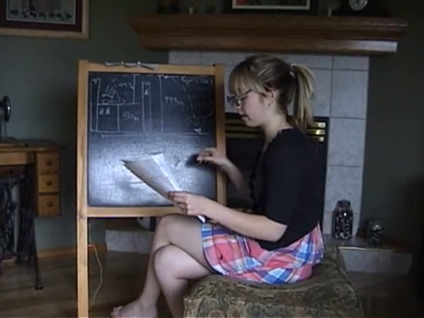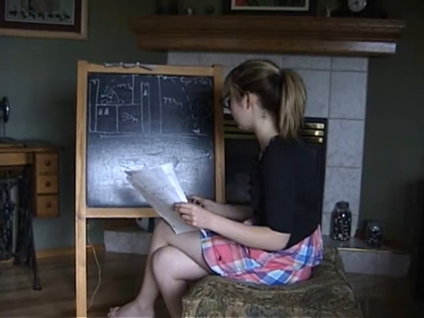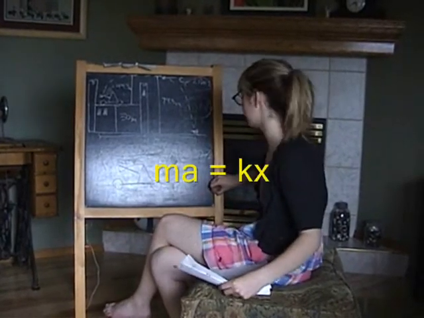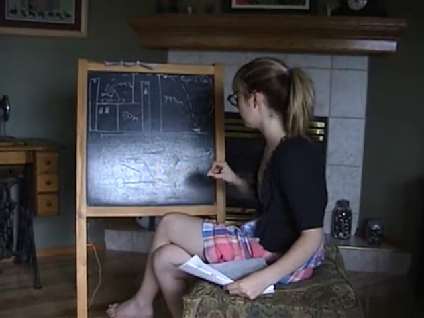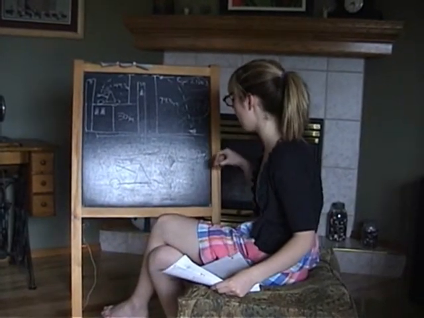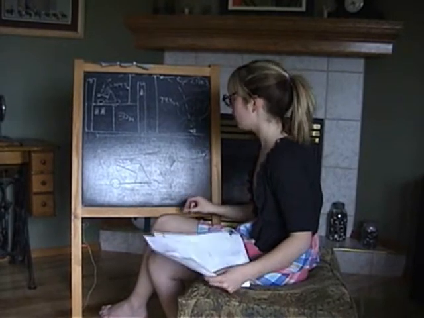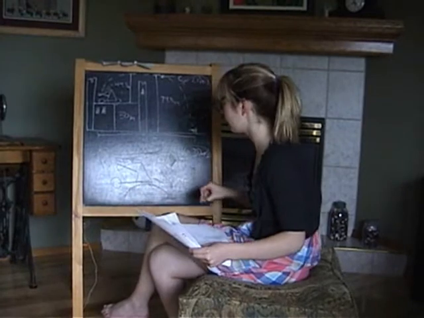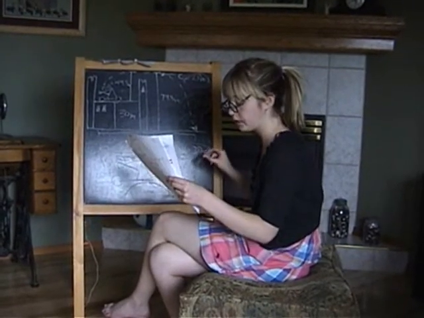Once we have been able to calculate that, we must calculate our acceleration. Our acceleration is calculated by using ma equals kx. We manipulate the variables to make it kx over m equals a. We get an acceleration of 88 meters per second squared.